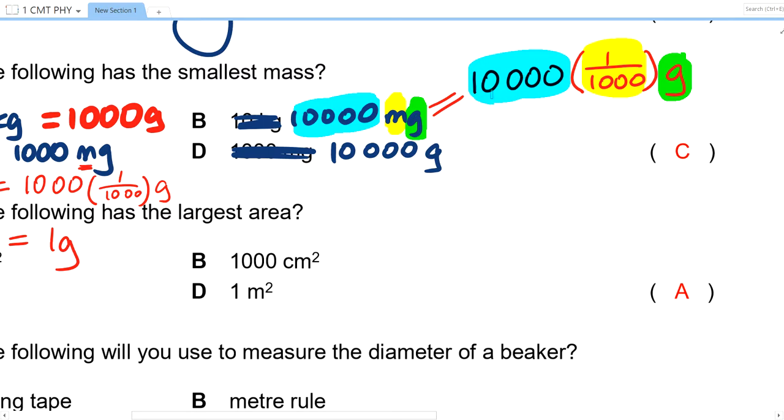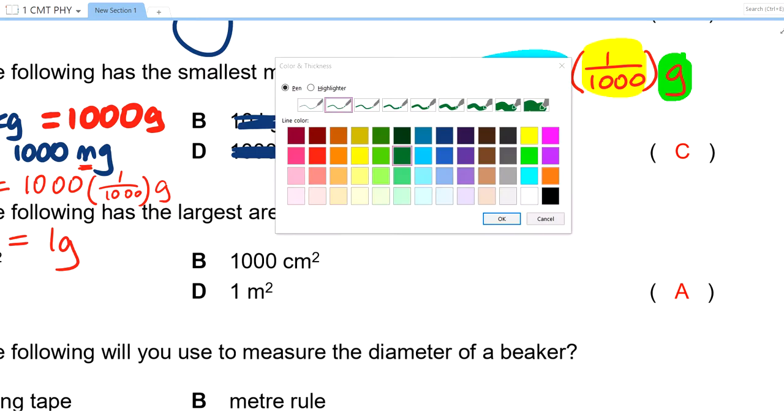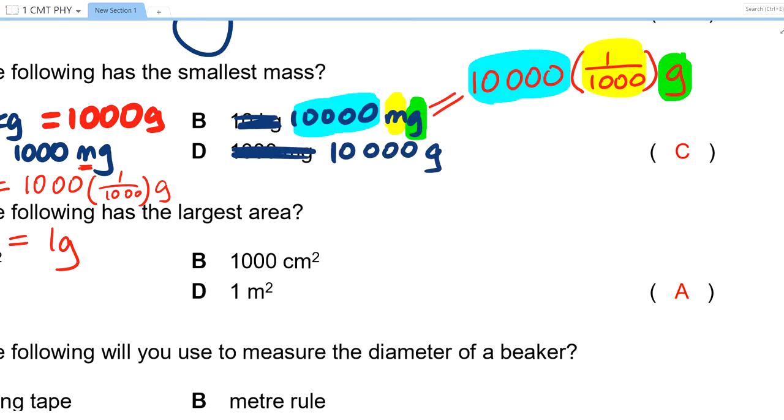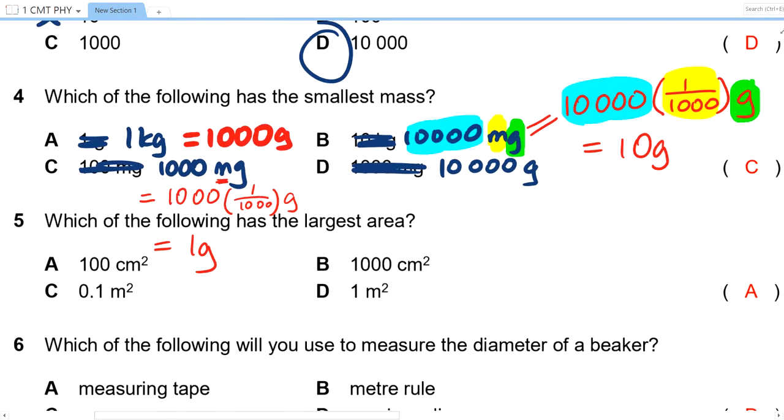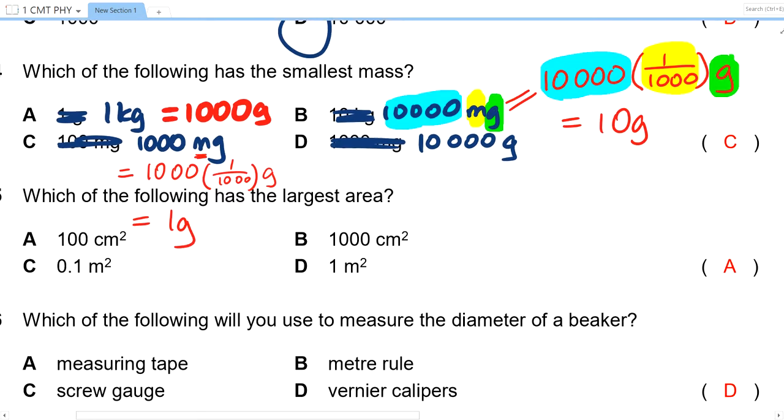See how they are equivalent. With that, let us use our calculator to find out the value. So this gives us 10 grams. So which is the smallest mass? C. Yes, you are right.